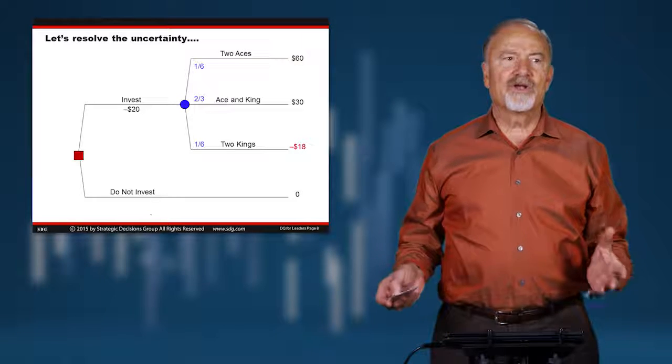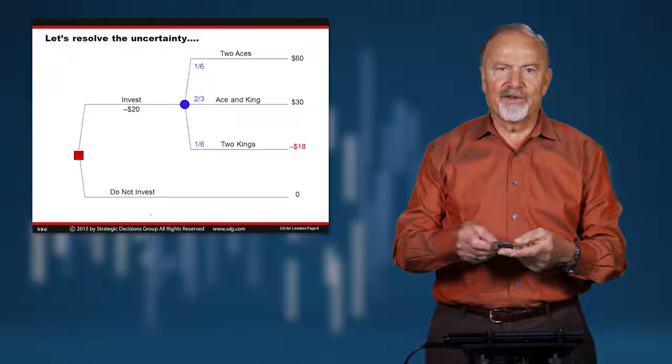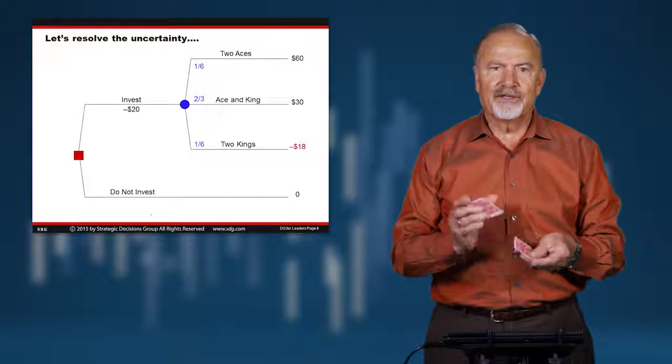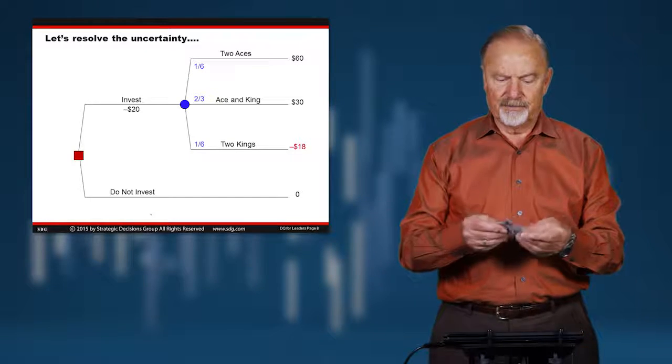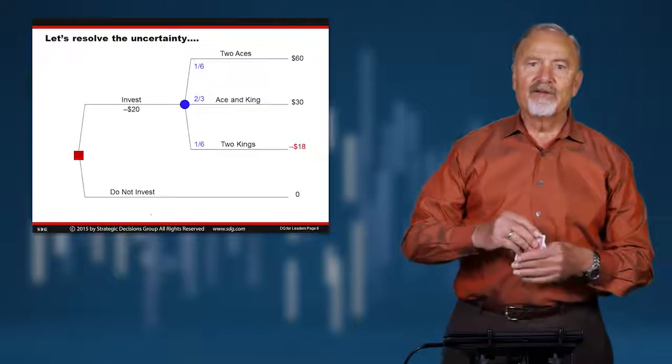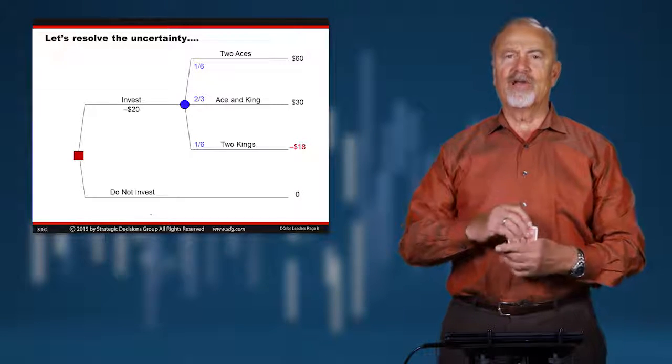Now it's time to resolve the uncertainty, so let me shuffle the cards. Go ahead, and you draw 2. Don't look at them, just put them down. Thank you. So now I have those 2 cards, and I'm looking at them.